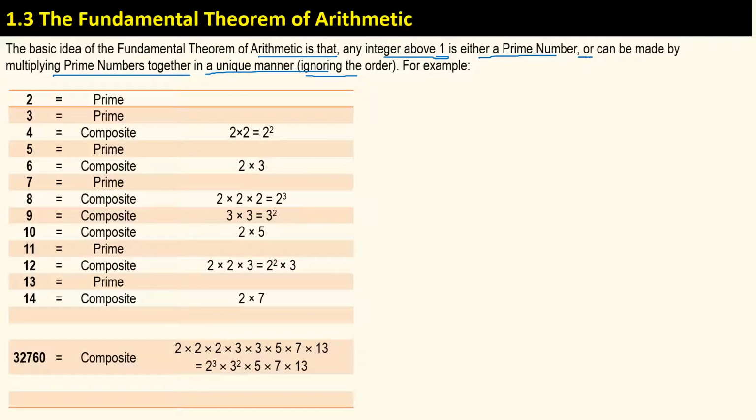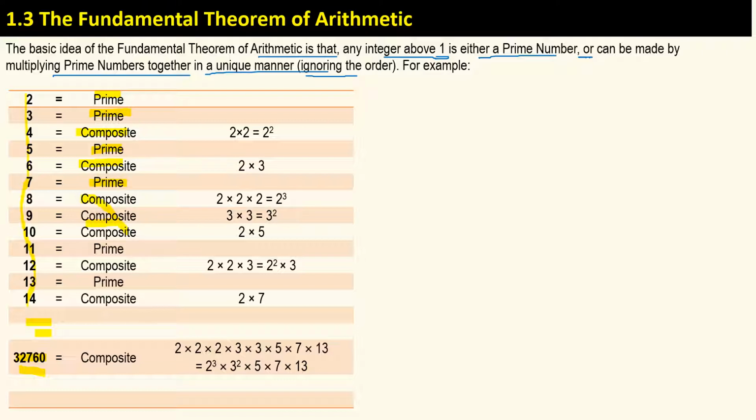Let's take some examples. Let's say we have numbers 2, 3, 4, 5, 6, up to 14, and there could be many more, such as 32,760 and so on. Number 2 is a prime number, number 3 is prime, number 4 is composite, 5 is again prime, 6 is composite, 7 is prime, and 8, 9, 10 are composites.